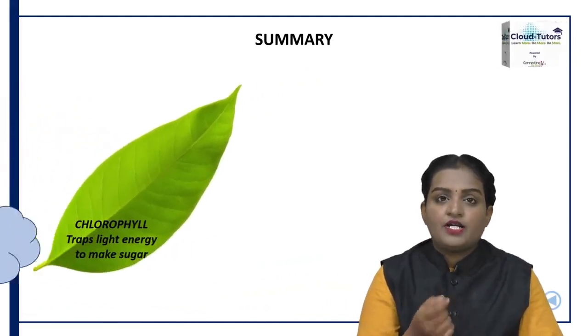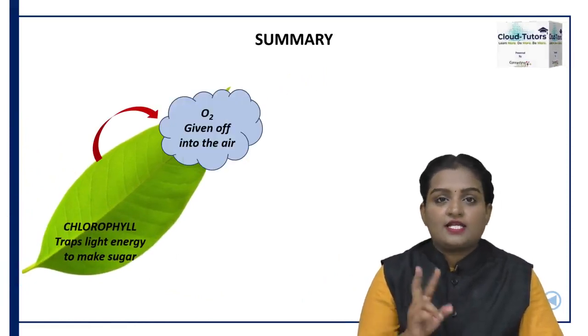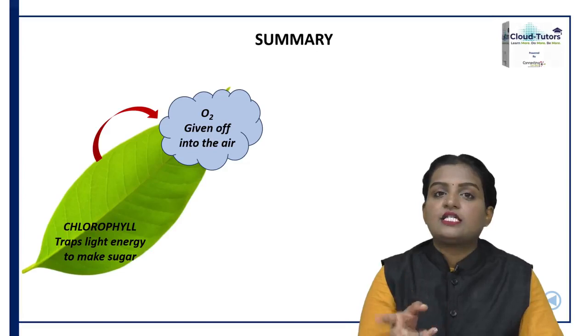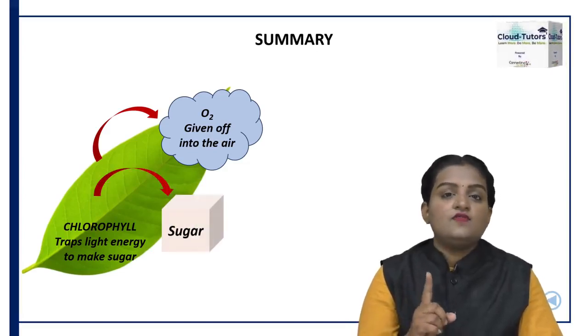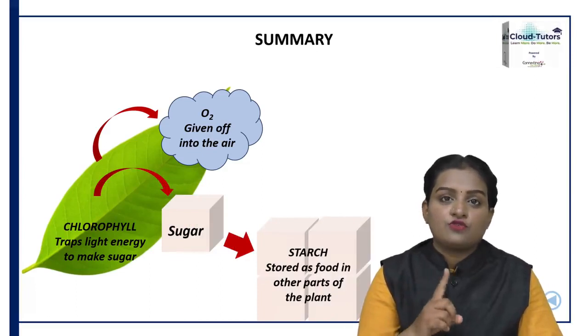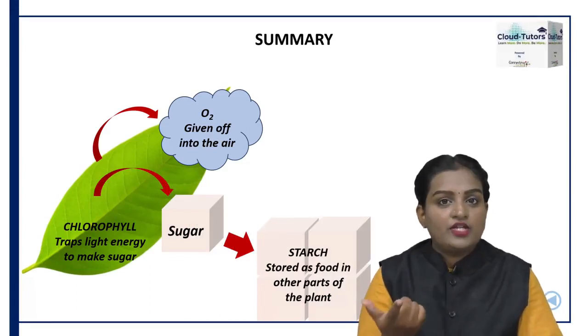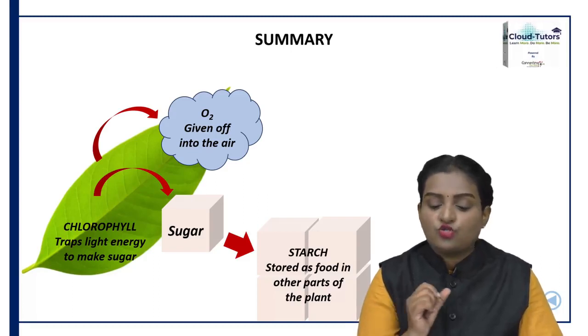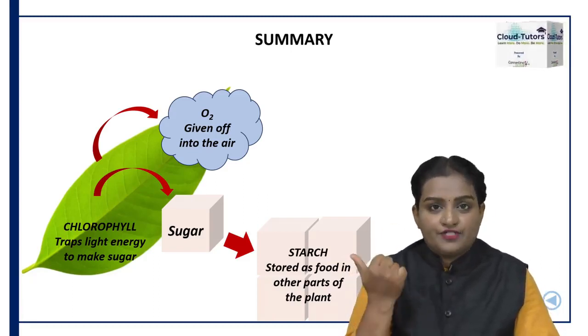The first product we get is glucose and the second is oxygen. Oxygen is given off into the atmosphere, whereas glucose is converted into sucrose and transported, and it will be converted into starch where it can be stored in storage organs like root, stem or the fruit.